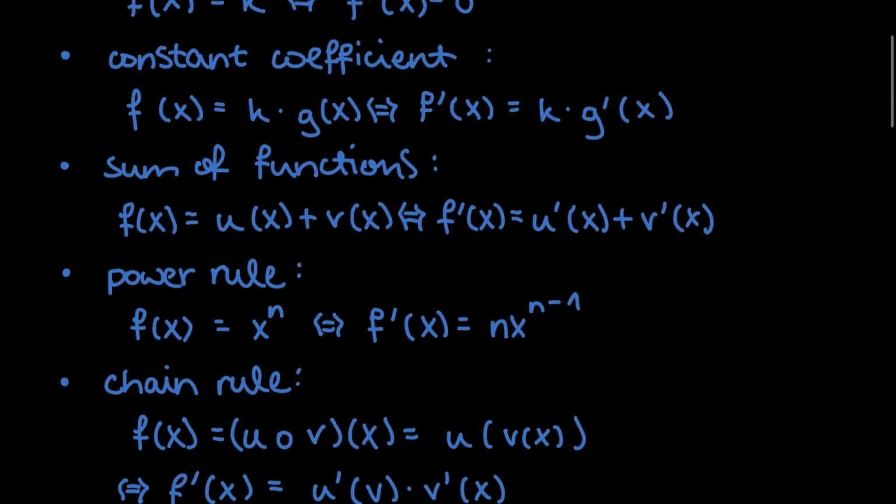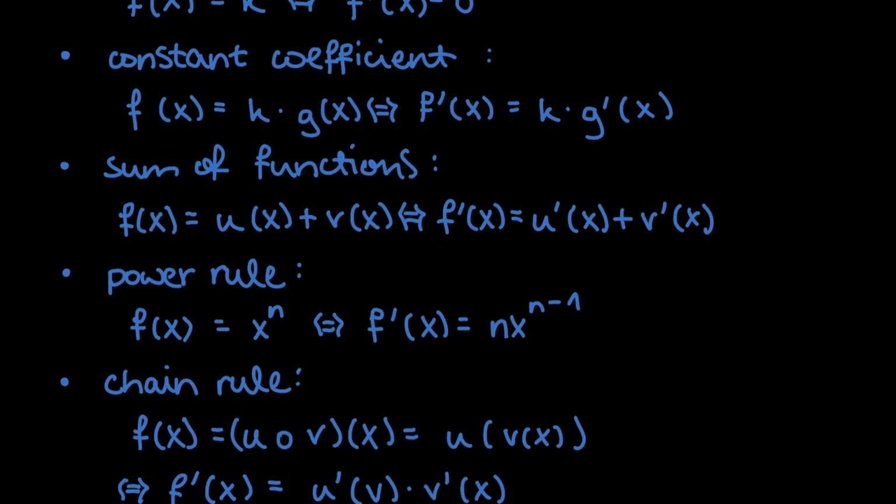Now, the next rule is the constant coefficient rule, and it says that if f of x is a constant times another function g of x, then the derivative of f, so f dashed of x, would be equal to that constant times the derivative of g, so g dashed of x. So you can pull the constant out.